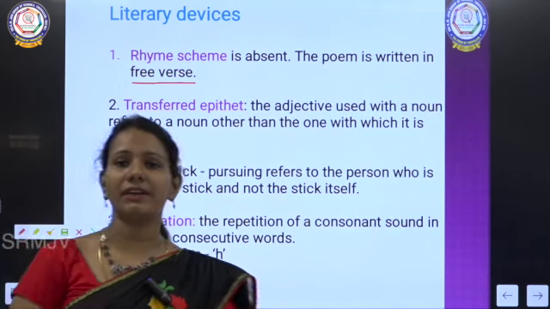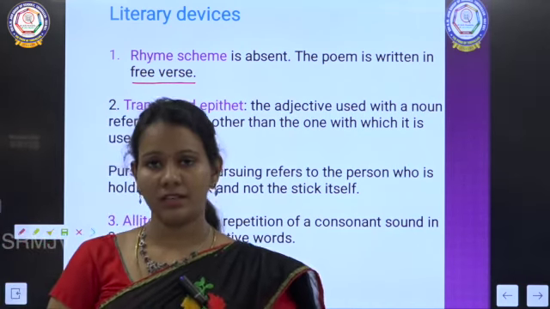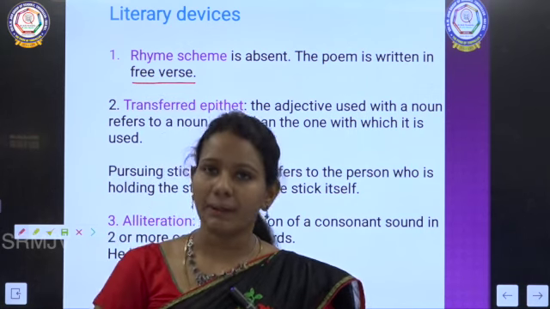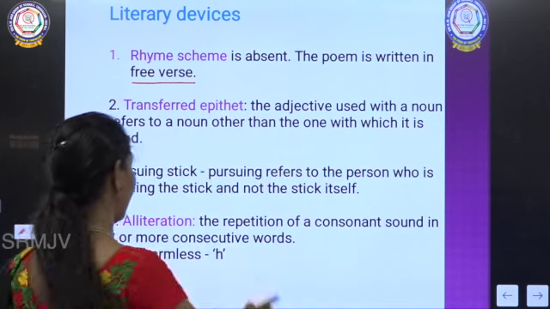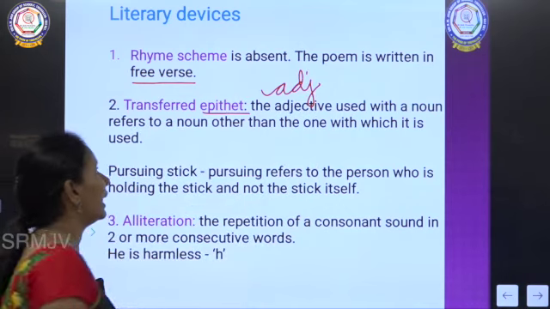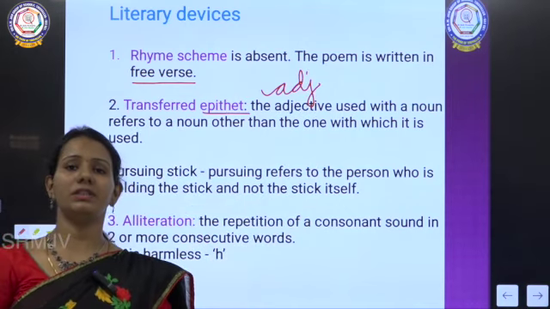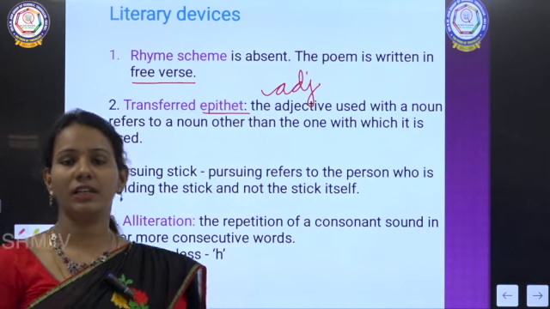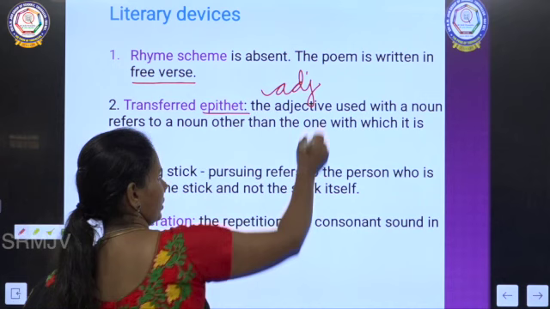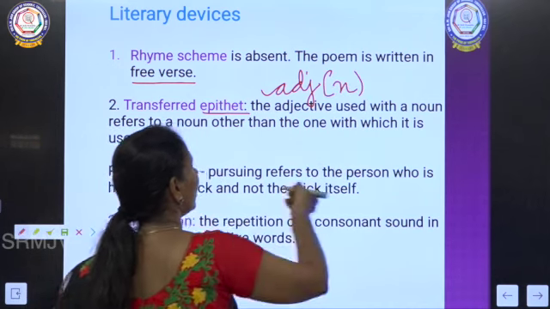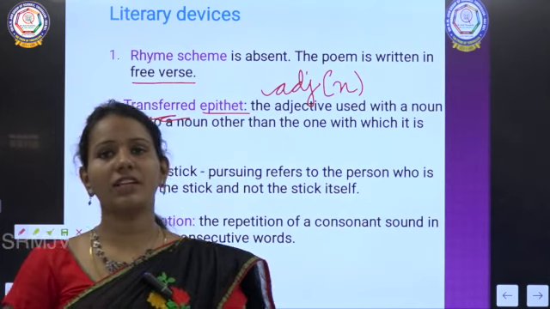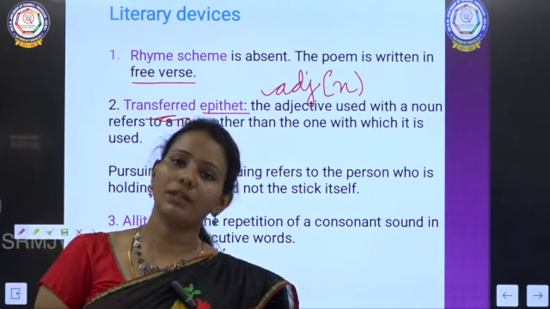And the next poetic device is transferred epithet. We have already discussed in some other poem what an epithet is. Epithet means adjective. In poetic language, we call an adjective an epithet, and what is a transferred epithet? That is what we have to understand. Adjectives will always describe the noun which is next to them. Now, a transferred epithet means an adjective which does not describe the noun next to it, but some other noun.